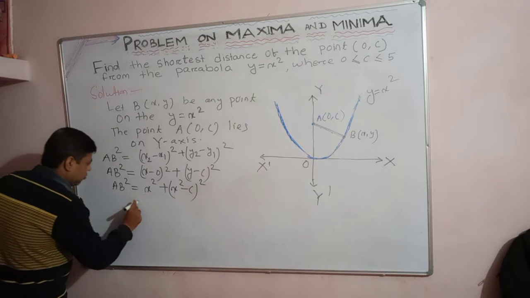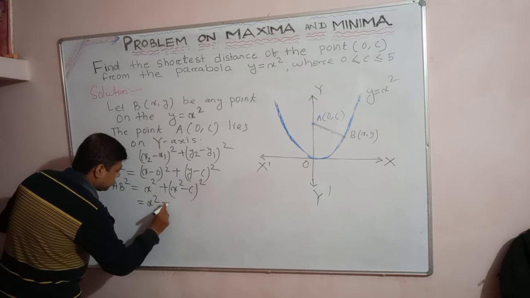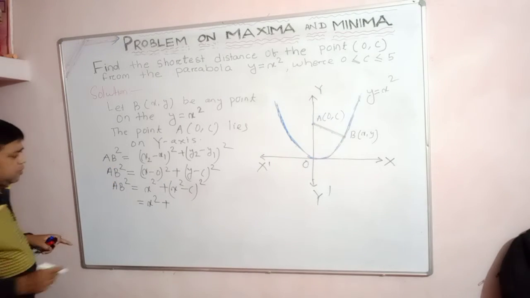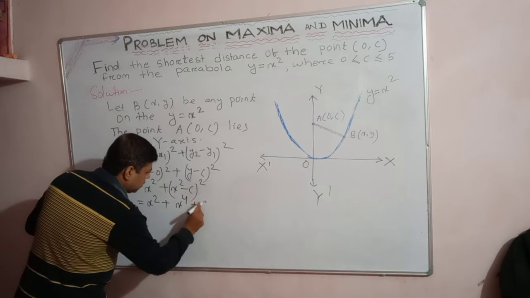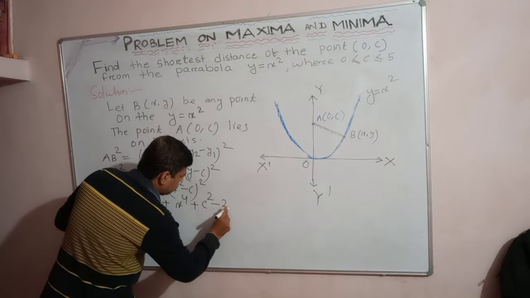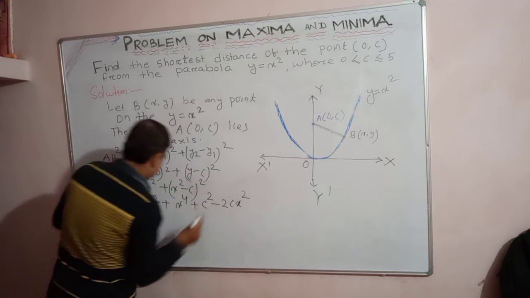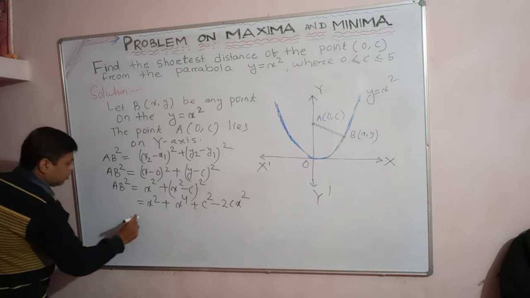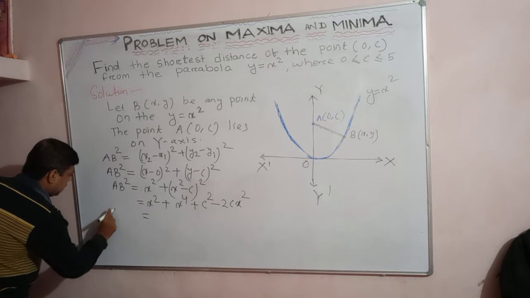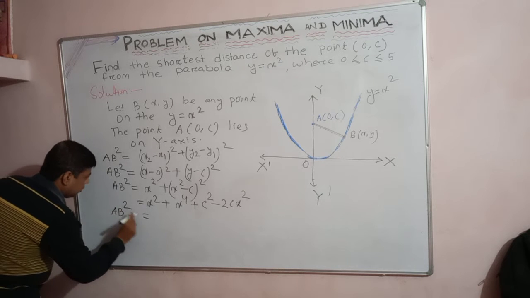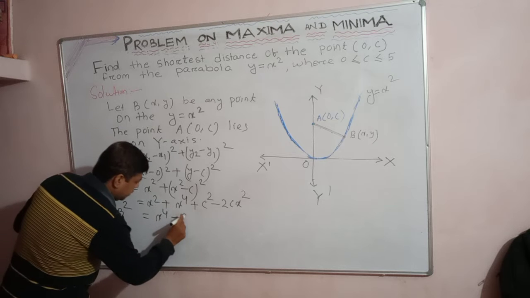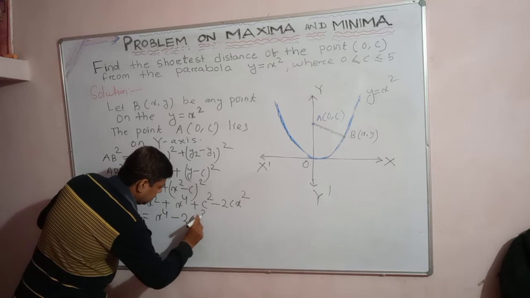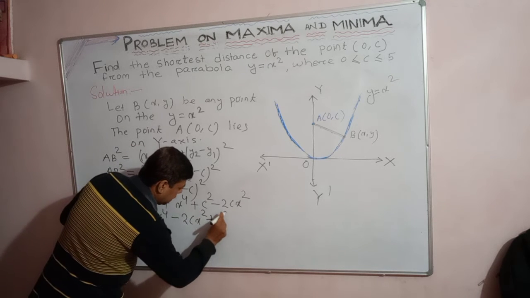That is equal to x square plus, now applying the expansion, x to the power 4 plus c square minus 2c x square. So AB square is x to the power 4 minus 2c x square plus x square plus c square.